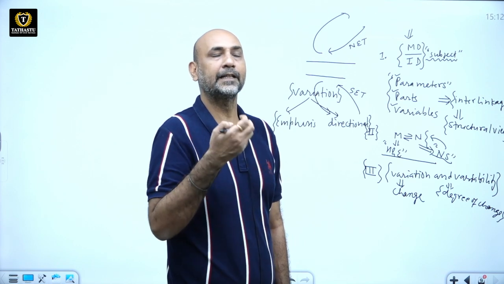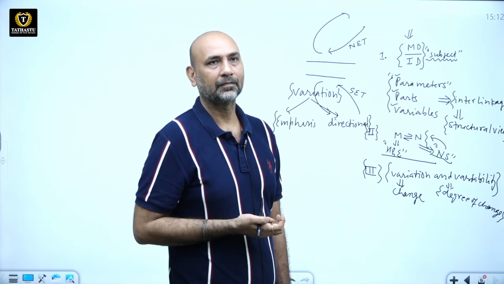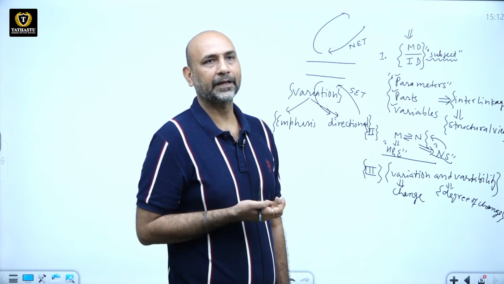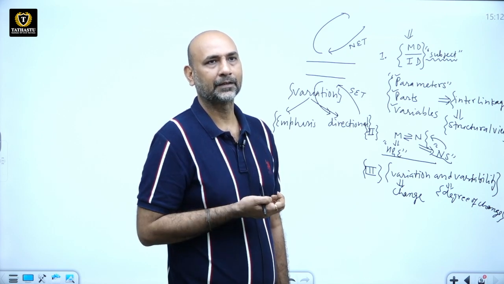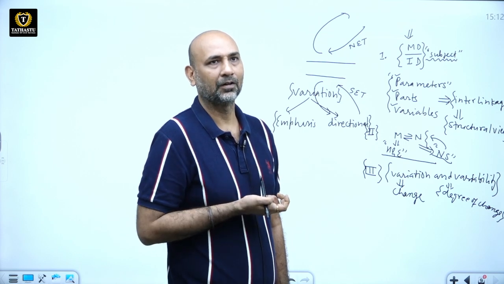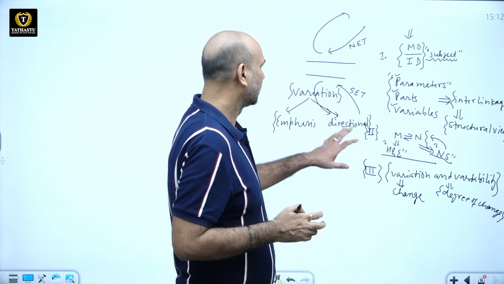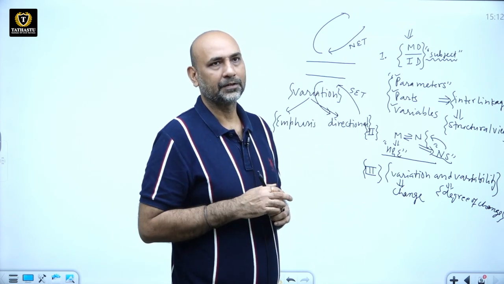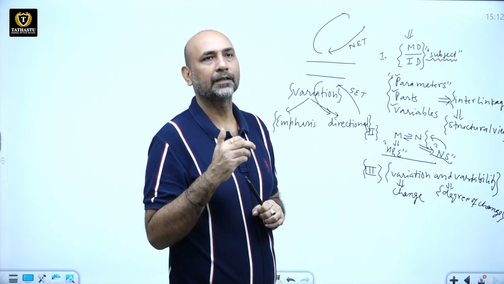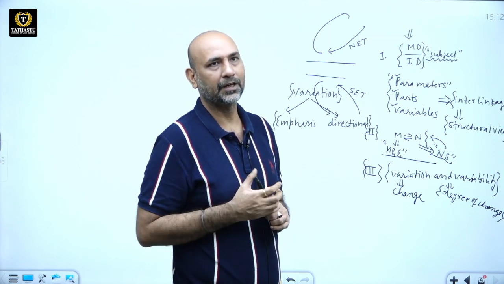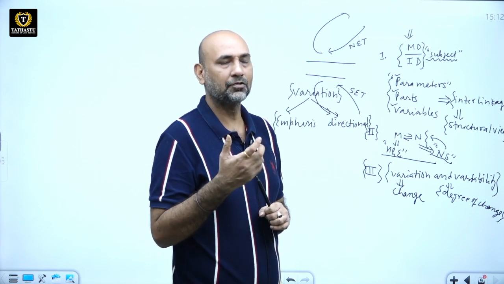Cyclone is an intensified low pressure system. That is change in the degree, and the pressure gradient, wind velocity, cloud cover, intensity of rainfall. So remember that changes are of two types. These are very important: change in emphasis, change in degree and change in direction. We need to remember.